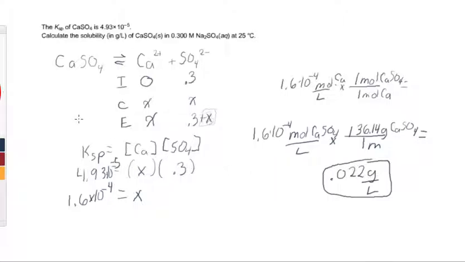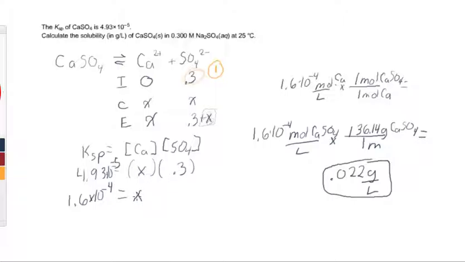Okay, so the things I want you to keep in mind are you're given that you have an amount of sulfate, so that's not 0 because we're given that. So step 1 is the ICE table. You can ignore the X here because it's so small compared to the 0.3.